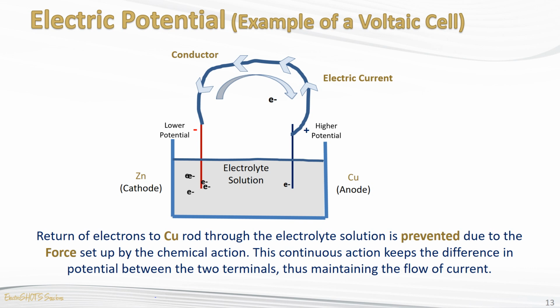The constant chemical action keeps the potential difference of this arrangement and thus drives the current into the circuit for as long. So the positive terminal is the higher potential and the negative terminal is the lower potential.